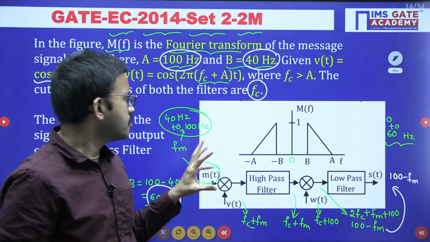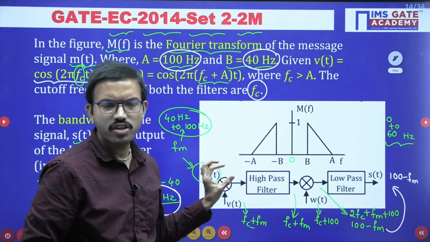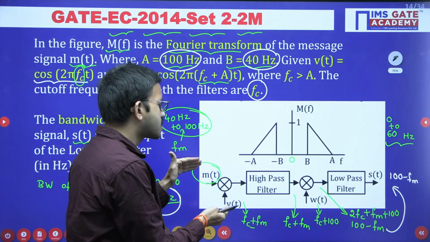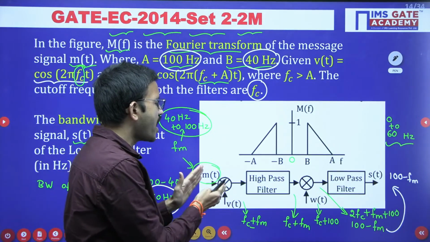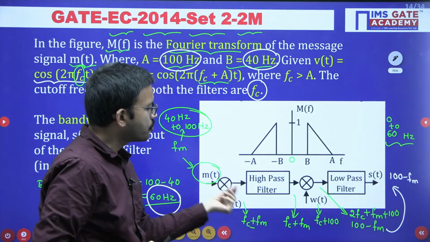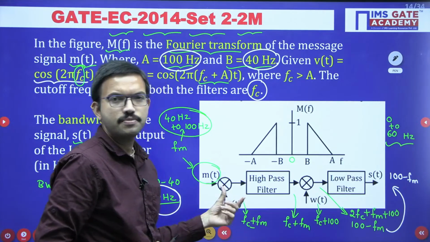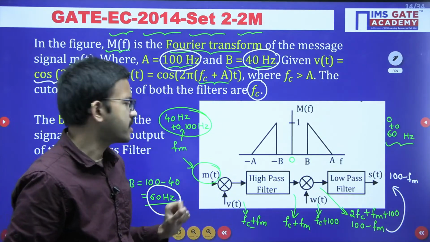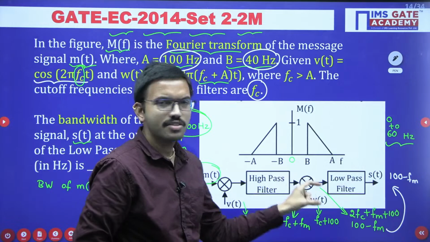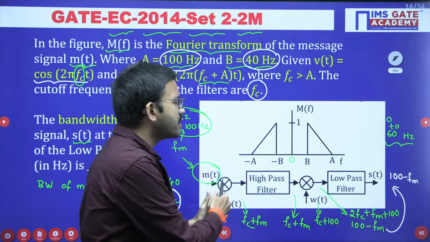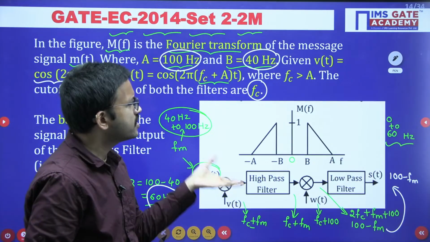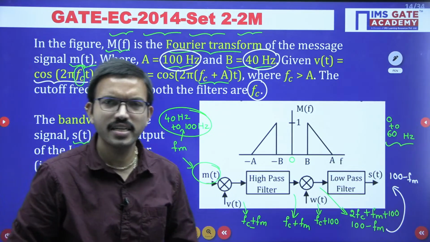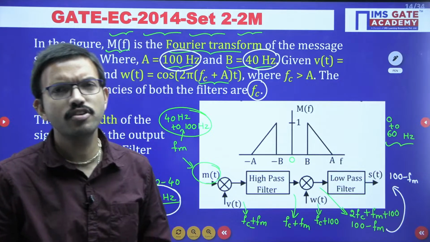Each of the two signals has its own frequencies; you add them and you subtract them, and those frequencies appear at the output of the multiplier. After that, whichever filter is used, it passes the respective band of frequencies. So we have discussed a variety of interesting questions which are very helpful for all of you.